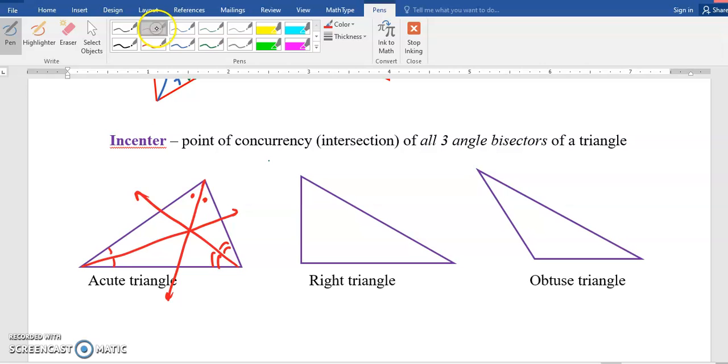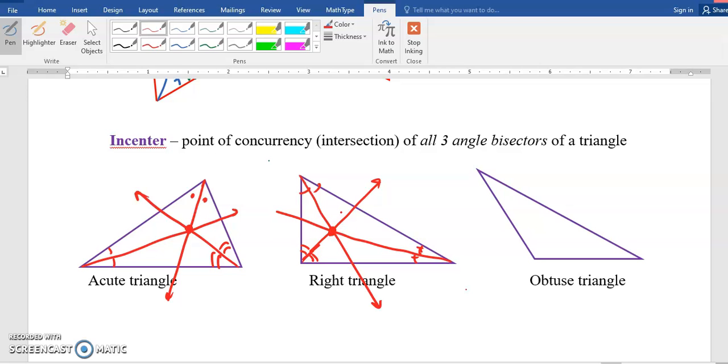Okay, I could do it with the right triangle. So I bisect the angle. This one I gotta get rid of. Bisect the angle. Bisect the angle. Bisect the angle. And if we did it exact, they would definitely all be concurrent.